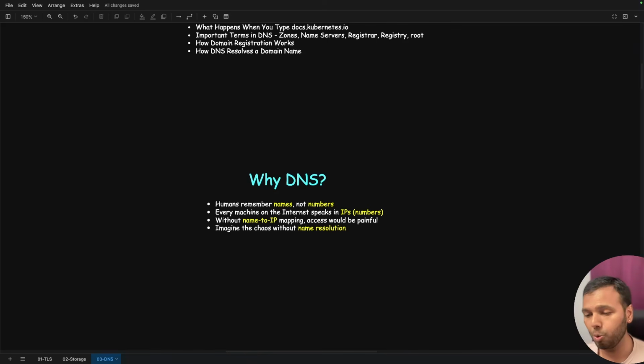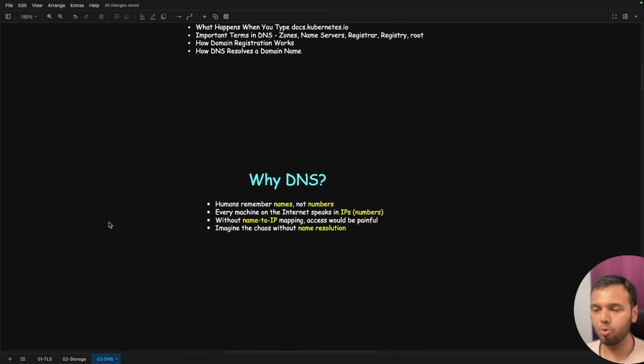Typing IPs into browsers, updating them when they change, is not scalable. Hence, we needed a system that would translate our names into IP addresses: names that we humans understand, and numbers or IP addresses that our machines deal with.